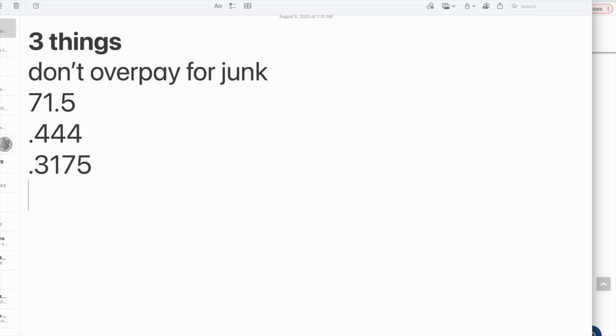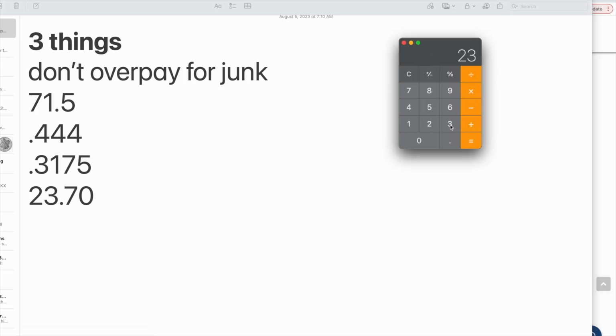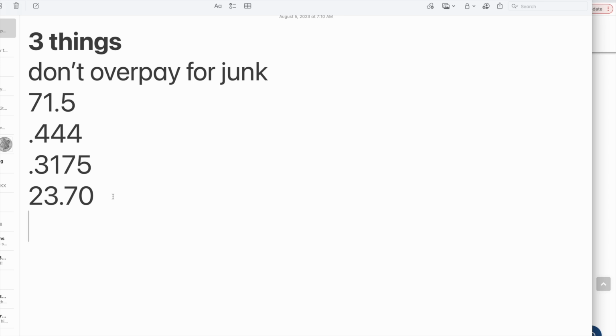If you multiply the current price of 23.70 times the silver content, 0.3175, it equals 7.52. 7.52 is the melt value of a 40% junk piece.